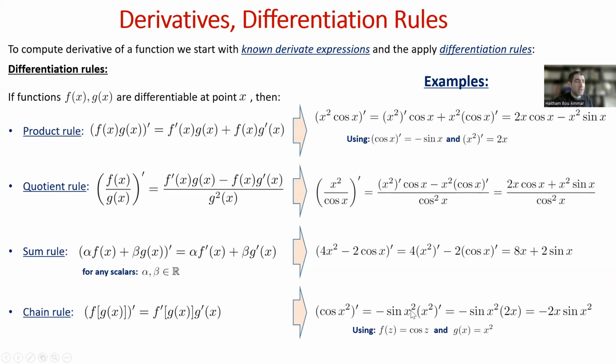Then we multiply that by the derivative of the inner function, x squared, which is nothing but 2x. So we get minus sine of x squared multiplied by 2x, which is minus 2x sine x squared, and this is the derivative of this compositional function.